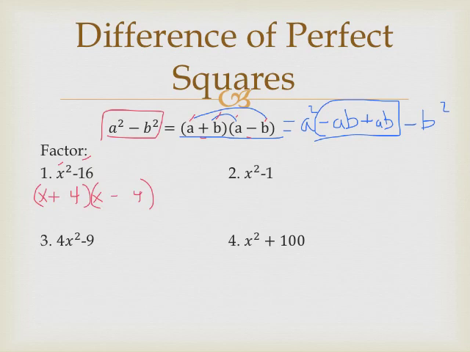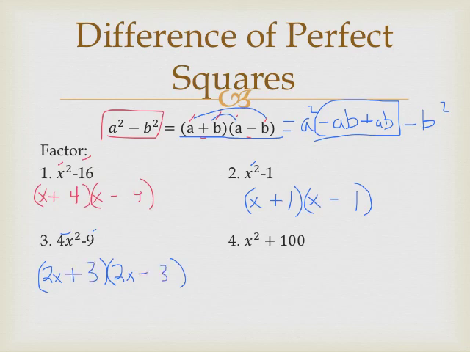Okay? Cruising right along, number 2, these are different perfect squares as well. x squared is x times x. 1 is 1 times 1. And then plus minus, those are a conjugate pair. Number 3, these are different perfect squares as well. 4x squared is 2x times 2x. 9 is 3 times 3.